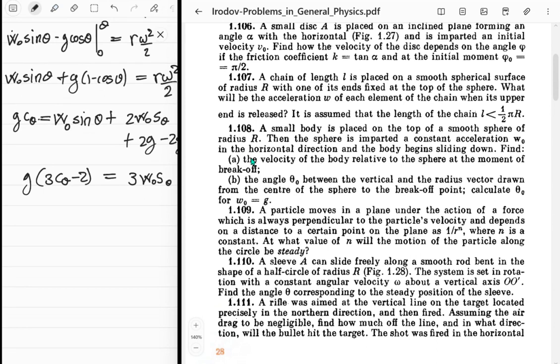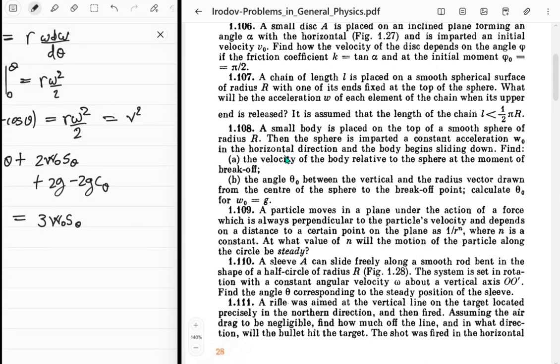What we need to figure out is the velocity of the body relative to the sphere at the moment of takeoff. So you just need to figure out what omega is, right? So r omega squared is 2v squared upon 2r. That works as well.